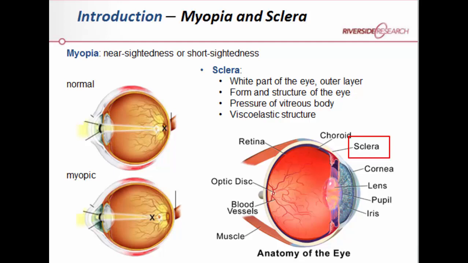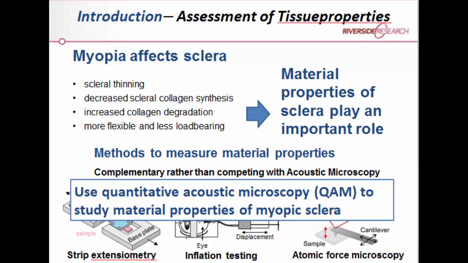But the sclera is giving the eye its shape, and it's a viscoelastic structure, and you have to consider the eye to be like a fluid-filled sphere that is constantly under pressure, and the sclera is holding this in place. Well, and you can already easily imagine that if something is changing in the shape of the eye, it must be related to changes in the sclera.